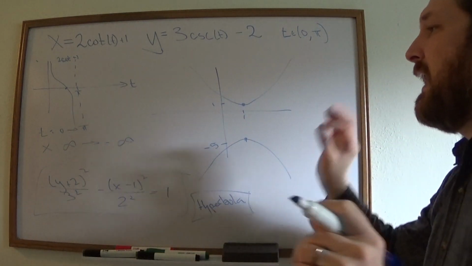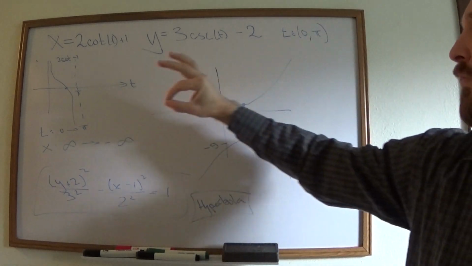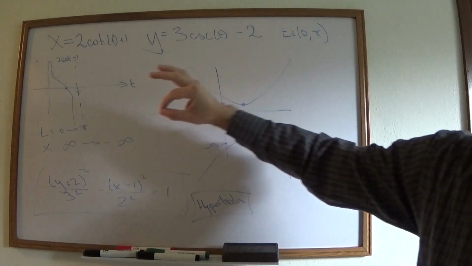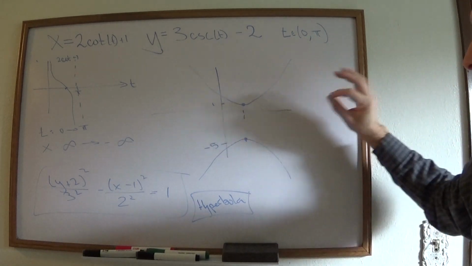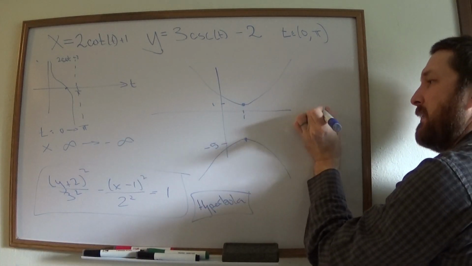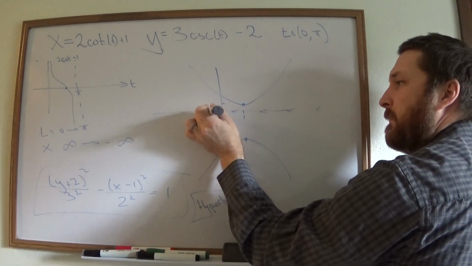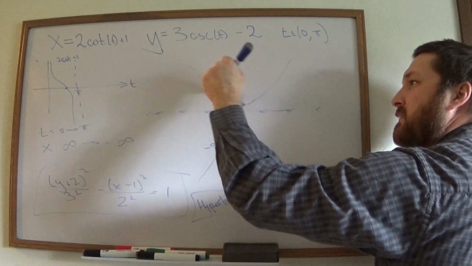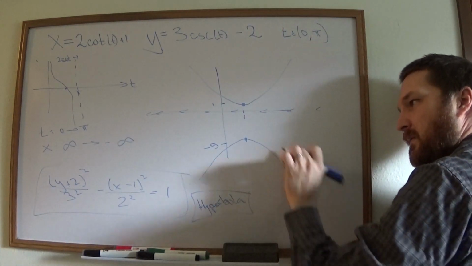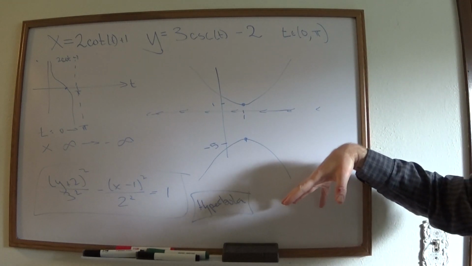So I'm saying as t goes on, and now I'm imagining we're just talking about a point moving on the x-axis, as t goes from 0 up to pi, x is just moving in this direction. So in both cases, it's either doing this or it's coming from here and doing this. Now we just need to figure out, is it the top branch or the bottom branch?